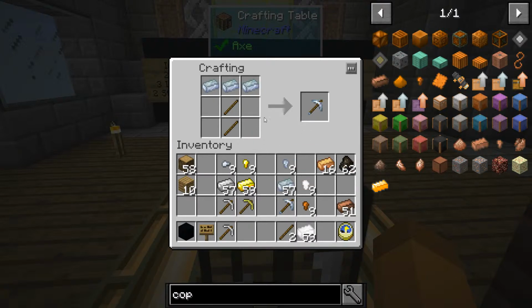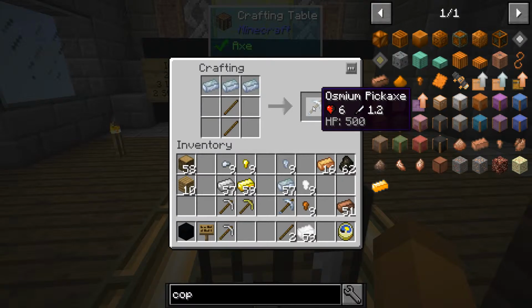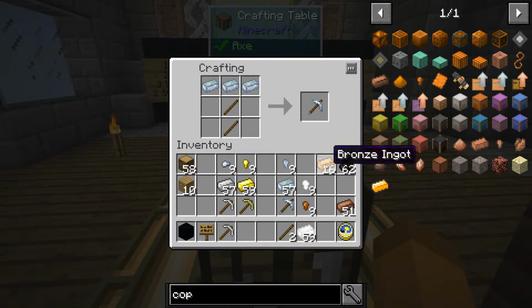The idea behind this shaped crafting of making osmium ingots and sticks is really important to molecules, because molecules have atoms that aren't just stuck together like this bronze. The difference between a molecule of osmium pickaxe and just an alloy of bronze ingot is that in a molecule, the atoms of the elements are stuck together in a particular arrangement.